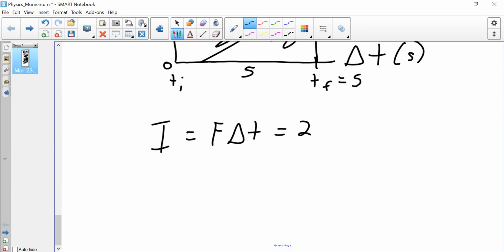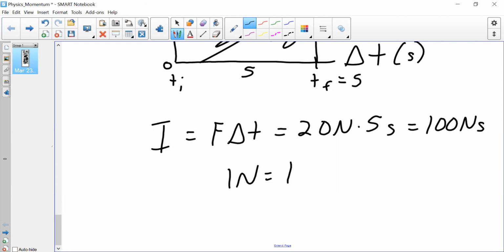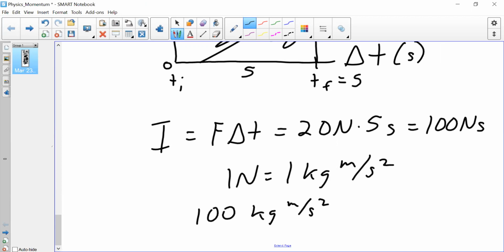Let's say my force was 20 newtons and the time was 5 seconds. You can clearly see here it's newtons times seconds. Well, 1 newton is 1 kilogram meter per second squared. If I substitute that here, I have 100 kilogram meters per second squared times seconds.